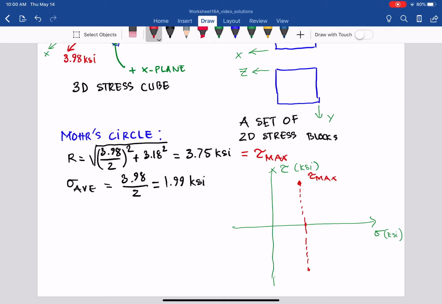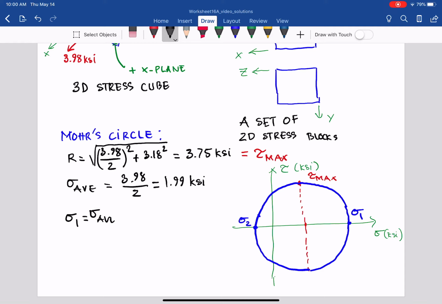And from that we can draw the Mohr circle. Hopefully we can draw a good Mohr circle here. Looks good on the first half. Looks also good on the second half. And here we can find this is actually sigma 2, and sigma 1, and sigma 1 equals sigma average plus radius, tau max, right?